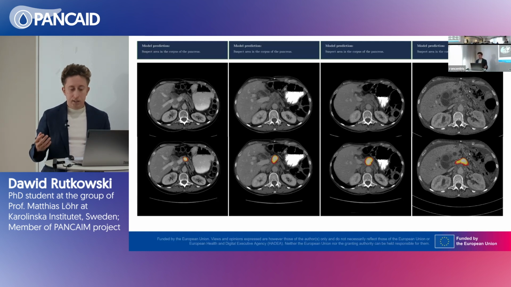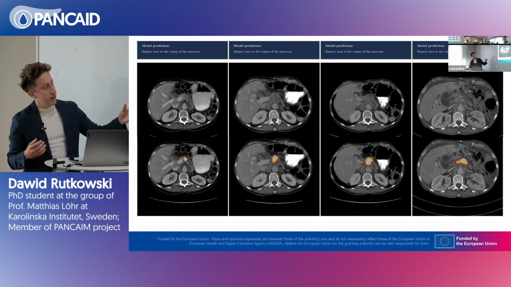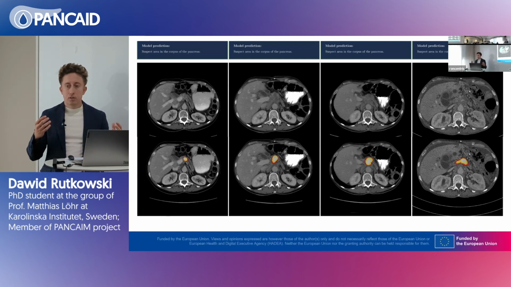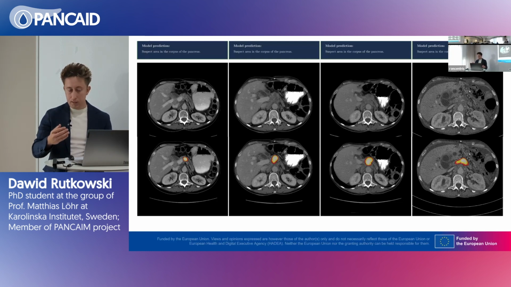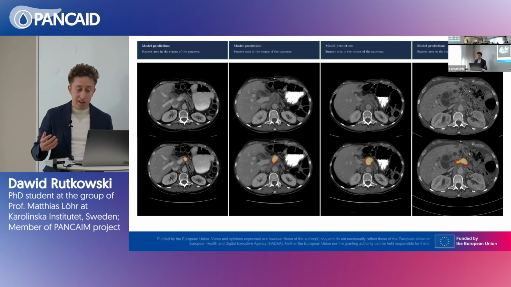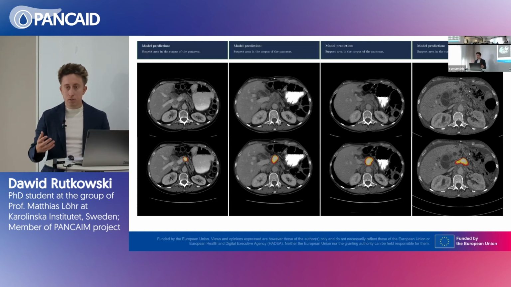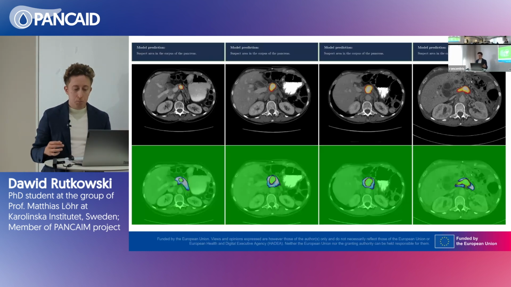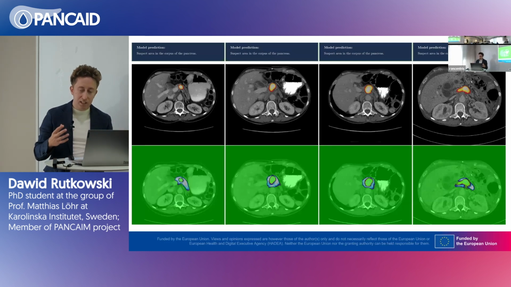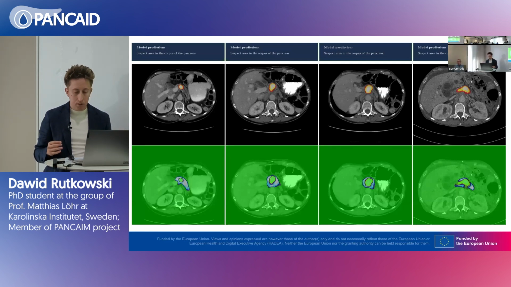Let's say you look at the image all the way to the right, when the patient is not operable. What if you could start treatment and see if you can downstage the tumor and perhaps make the patient a resectable candidate? Then it's important to have an AI that not only looks for a tumor or cancerous tissue, but also looks at benign pancreatic tissue and can make the distinction between those two.